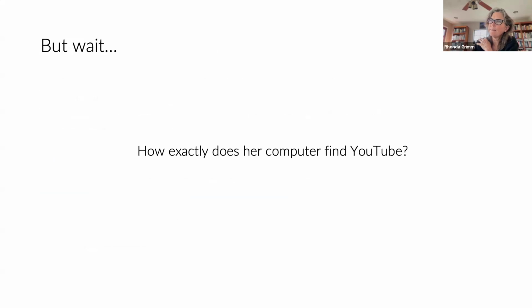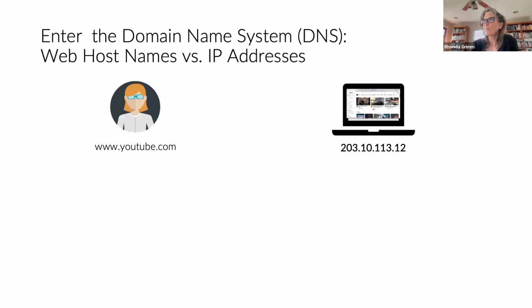But wait, how exactly does her computer find YouTube? How does she know YouTube's address? So enter the domain name system, DNS. You've probably heard this a billion times. What's helpful here is that humans think in terms of names. We think in terms of youtube.com.